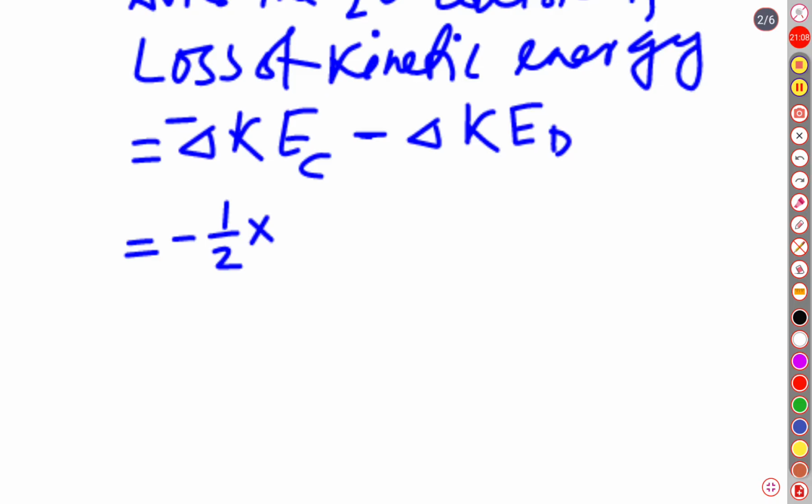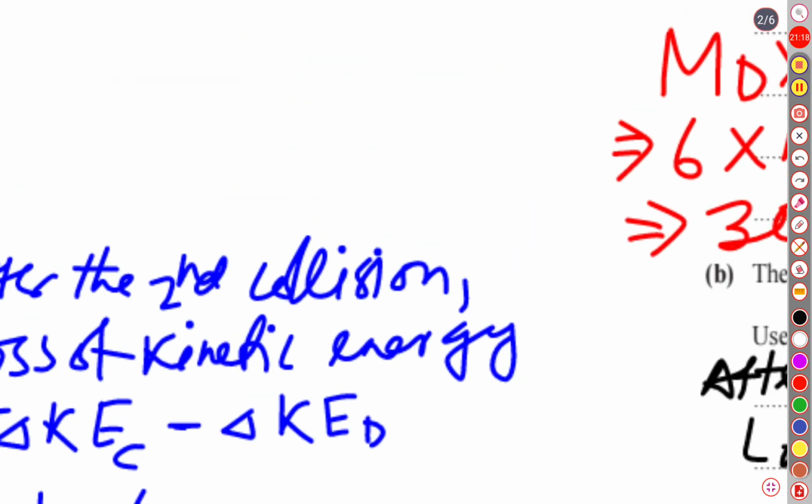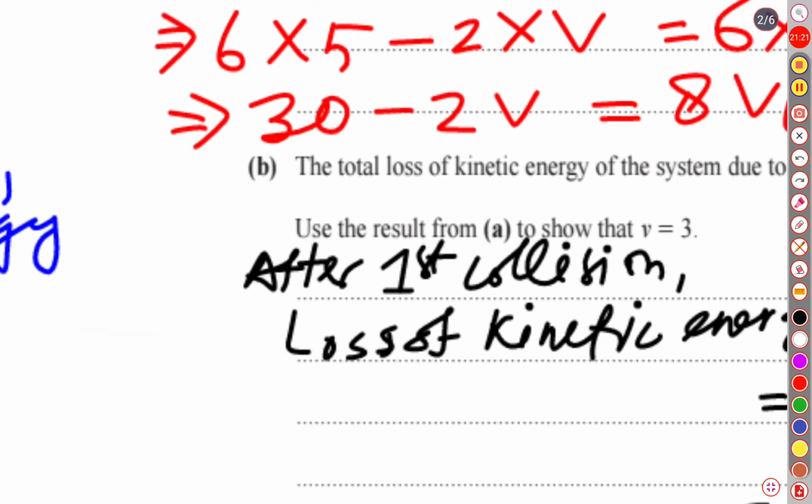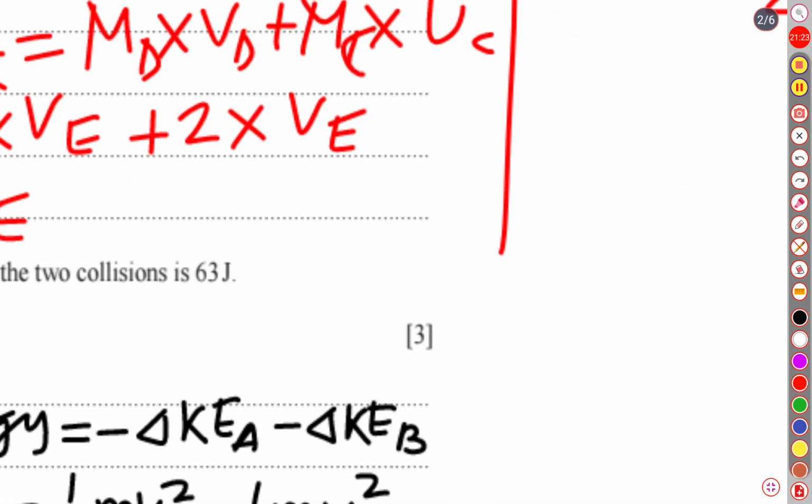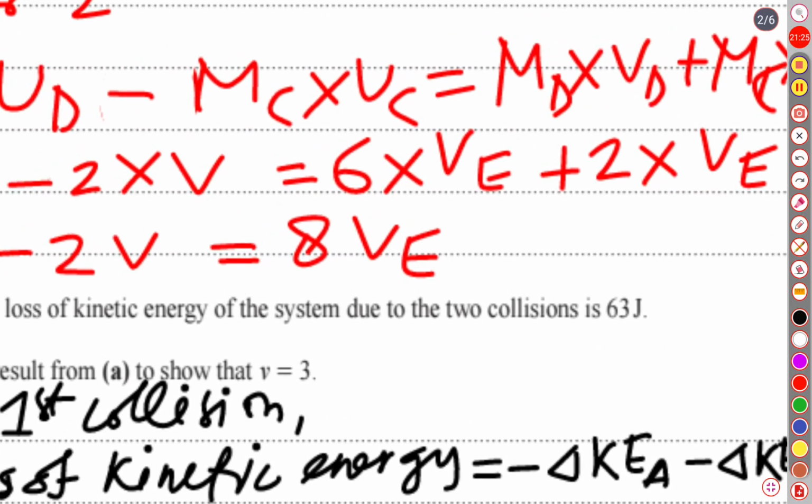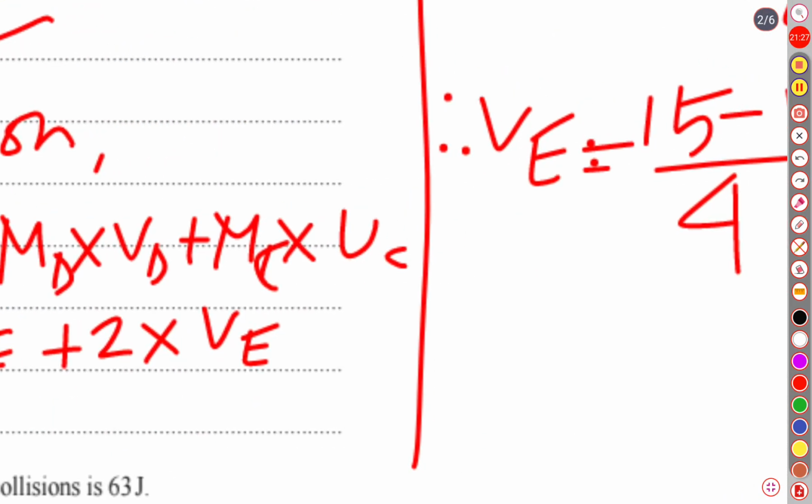And for v square, we take the final velocity minus the initial velocity. After the second collision, the final velocity was the same for both C and D. How much was the final velocity?